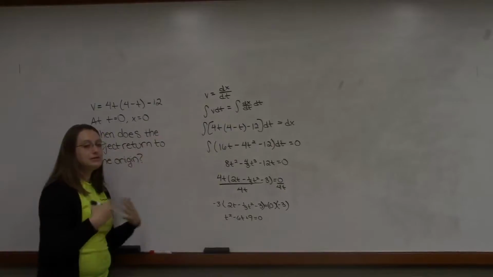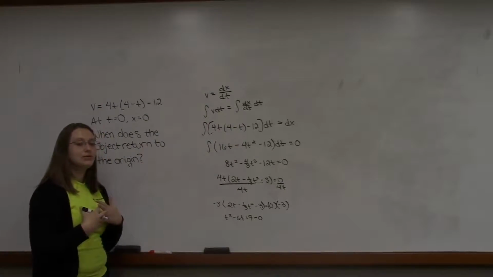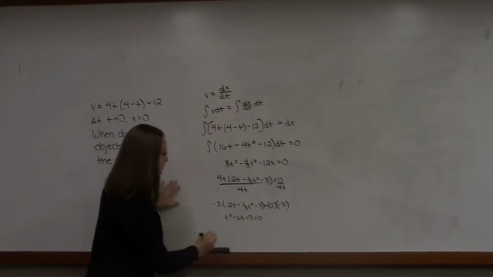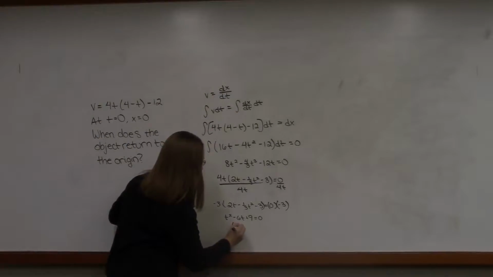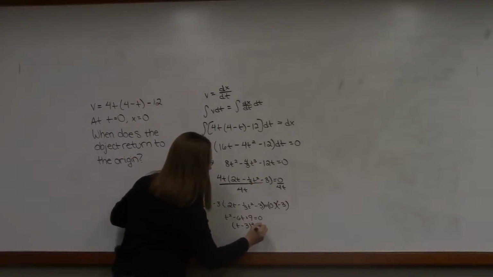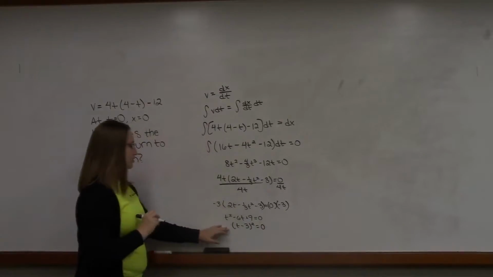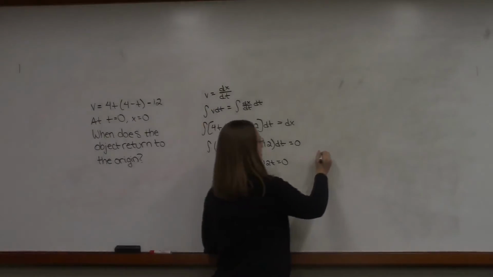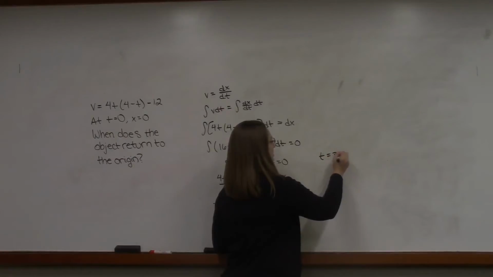Now looking at that, that looks really nice to me because I know that's a perfect square trinomial. That is (t minus 3) quantity squared equals 0. So when we return to the origin is when t equals 3 seconds.